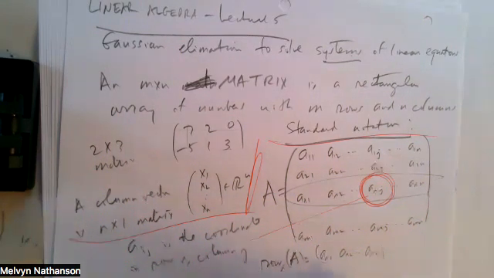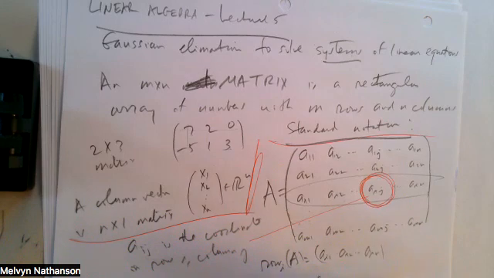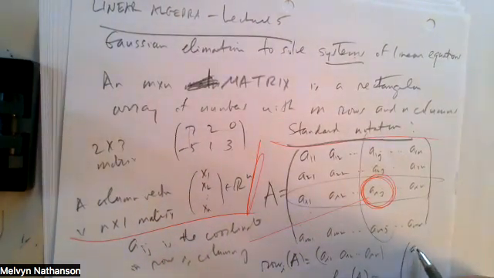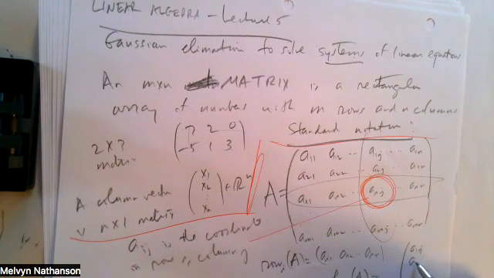It's a row vector, if you like. The jth column of A is a column vector: A1j, A2j, down to Amj.